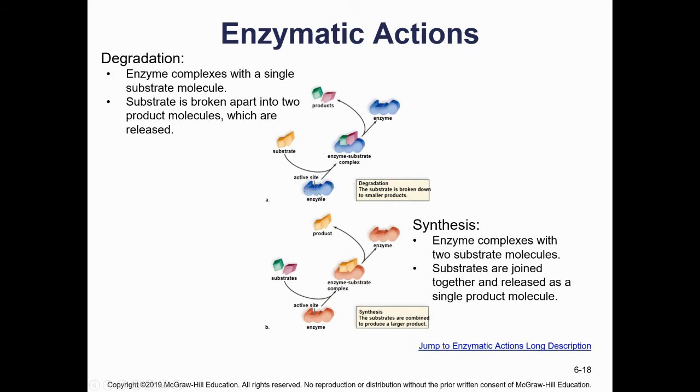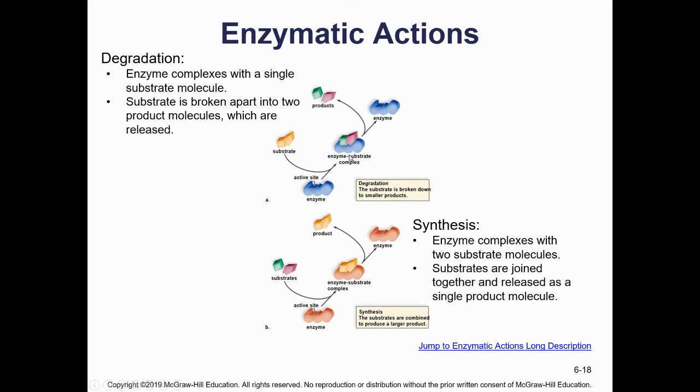So here's my enzyme. This is my substrate. If I'm looking at a degradation reaction, I am going to break down a big molecule into smaller molecules. My enzyme has an active site that's the exact shape for the substrate to fit into. Once it fits into that position, this is the active site.